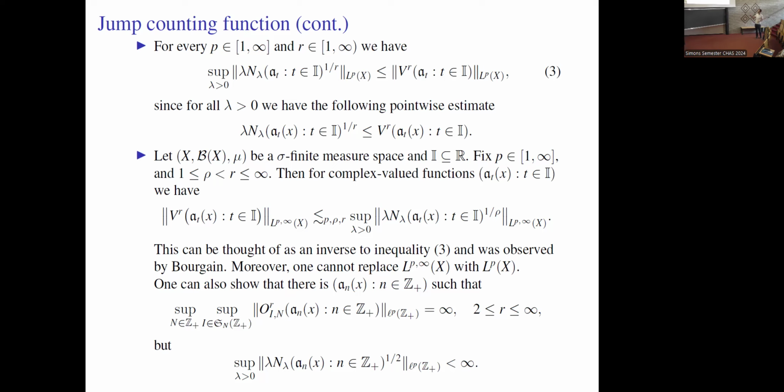It's possible to find a sequence such that the left-hand side with oscillations instead of r-variations is infinite, and the left-hand side which appears here, but with the LP norm, is fine. In a moment I will give you an example. It is very trivial in the sense that we just need 2 points, and the time variable itself has 2 points as well.